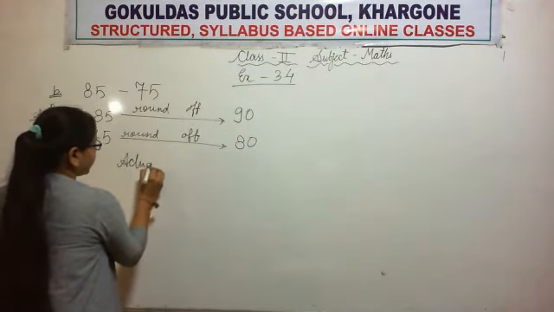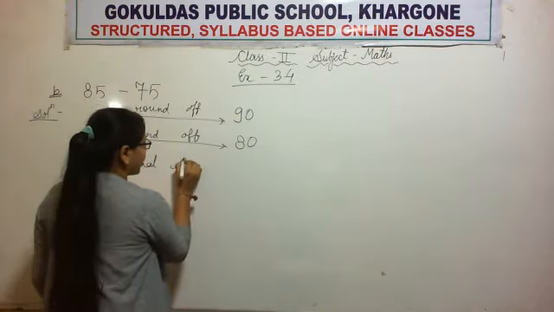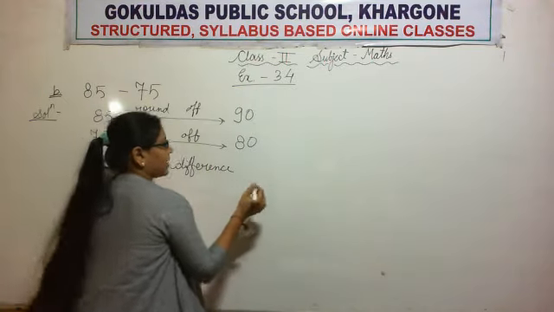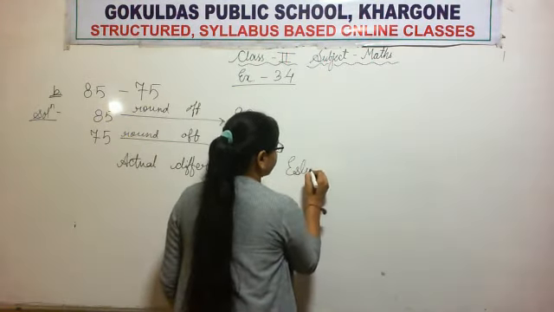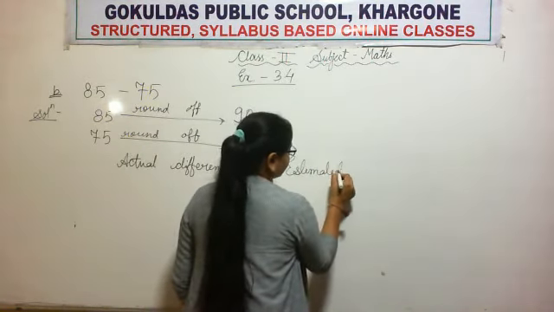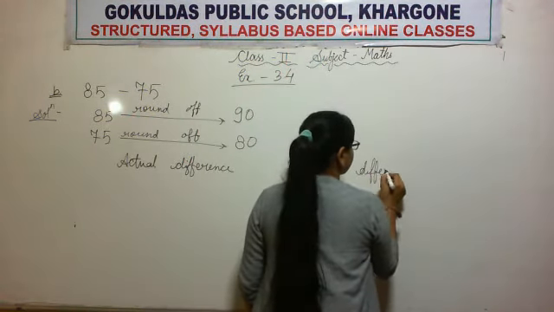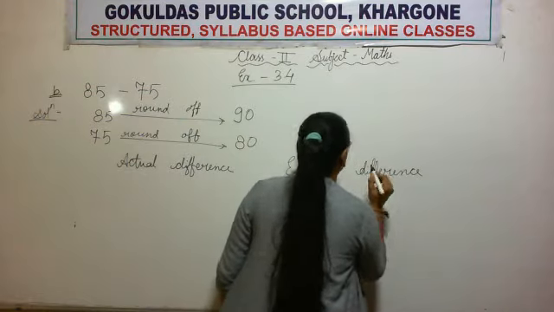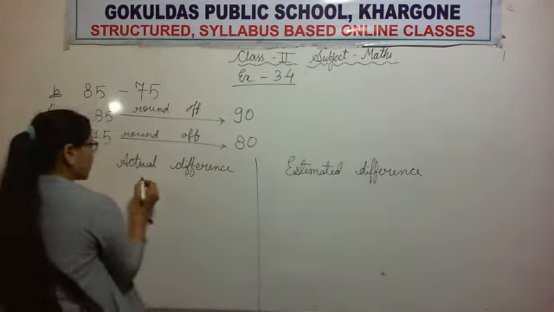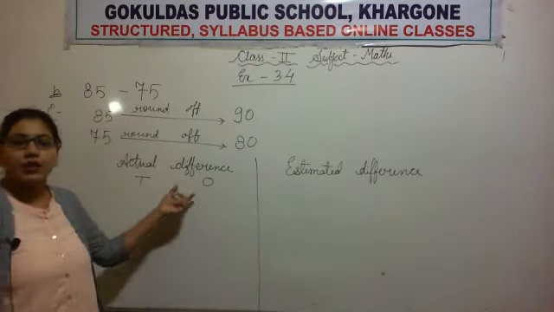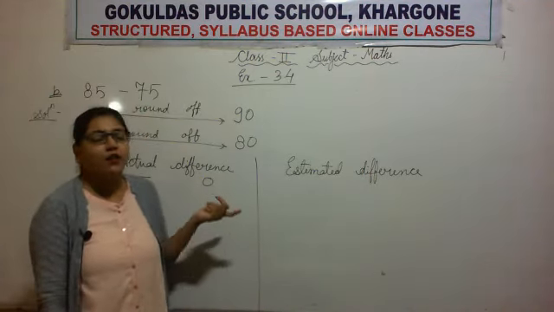So let's write actual difference and estimated difference. For finding actual difference, let's write both the places, that is tens and ones.